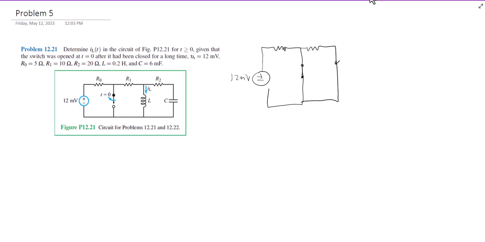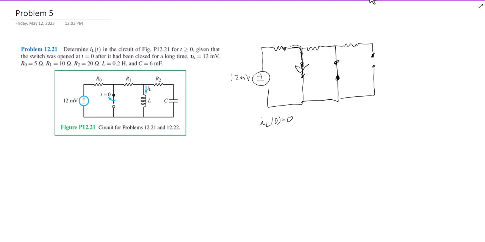The inductor will act as a short, but the current's never even going to get there because we have the short here in that branch instead. And the capacitor acts as an open circuit. So all of the current is going to go through this branch. So IL of 0 is 0.